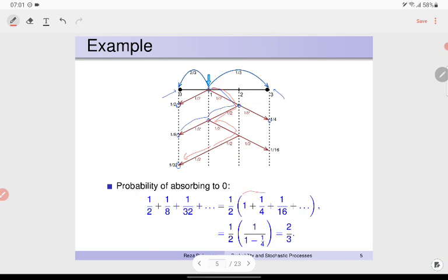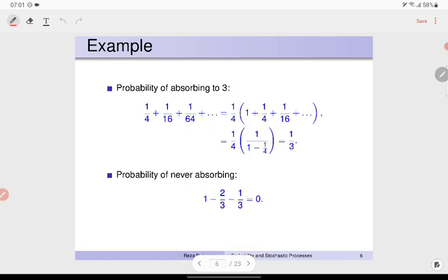And this part is an infinite geometric sum, and you know how to deal with that, which is equal to 1 divided by 1 minus a quarter, and this is multiplied by 1/2, resulting in 2/3. So the probability of absorbing to 0 is therefore 2/3.